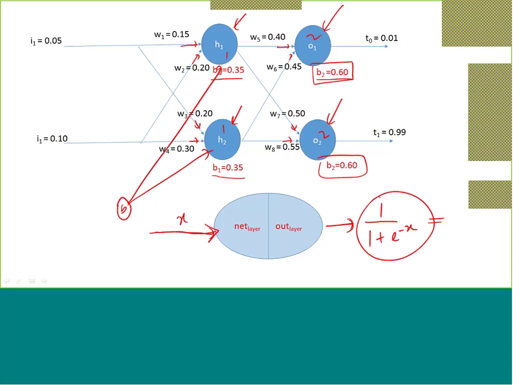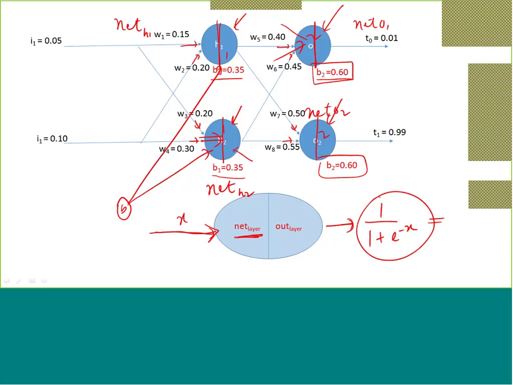The other thing is that I am denoting the input of a node by net input. For example, for this layer, the input I get to this node is net h2, the input I get here is net h1, similarly net o1 and net o2.